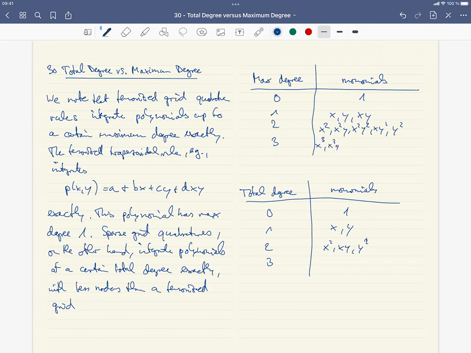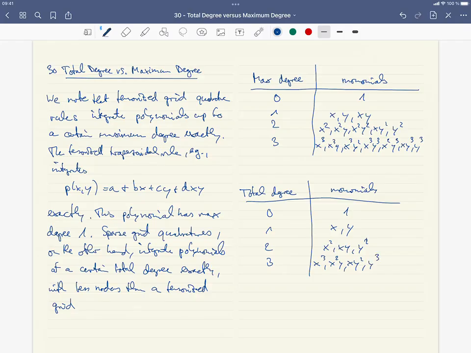So this is x cubed y, x cubed y squared, x cubed y cubed, x squared y cubed, xy cubed, and y cubed. And it's far less here, so it's only x cubed, x squared y, xy squared, and y cubed.